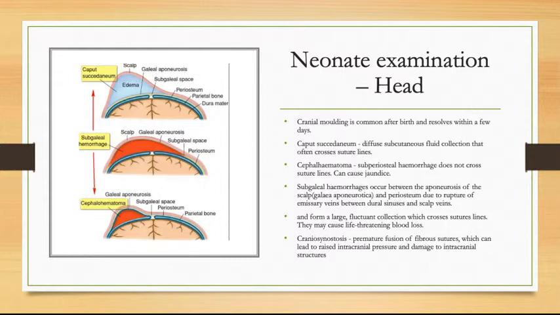There's cephalohematoma, which is bleeding right underneath the periosteum, so that's periosteal hemorrhage, and this does not cross the suture line, and this can cause jaundice.